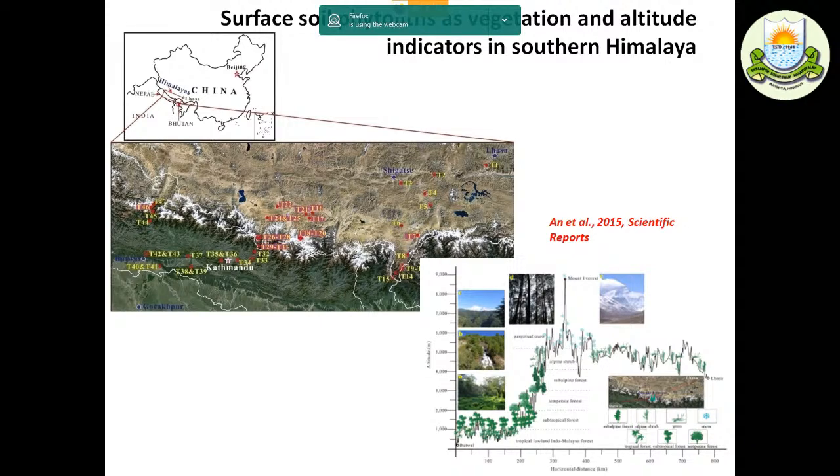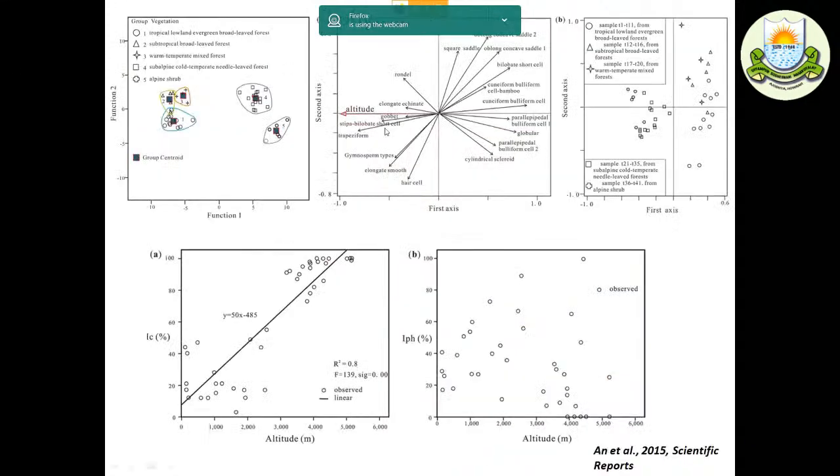They found that on the basis of the phytolith spectra these samples can be discriminated, and above 95% of the samples could be discriminated on the basis of phytolith assemblages. DA also supported their result, and they also performed multivariate analysis like RDA, where they used altitude as the environmental vector, and they found that altitude is the most influential factor for the differences in the phytolith assemblages.